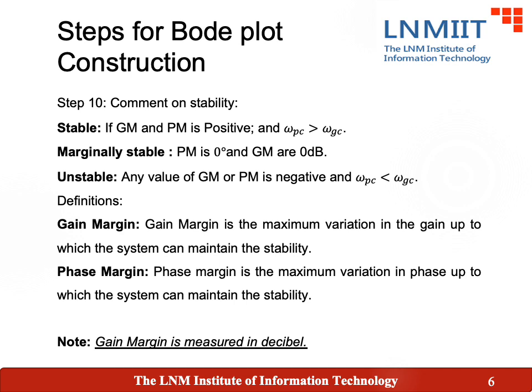Similarly, the phase margin will provide you the information that your system is stable up to this value of variation in the phase angle. For example, if the phase margin is 45 degrees, then the system will be stable up to 45 degrees of variation in the phase angle.